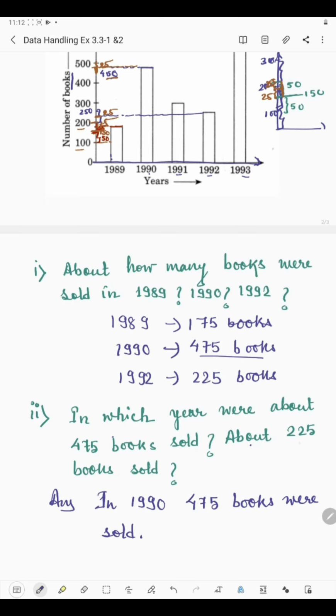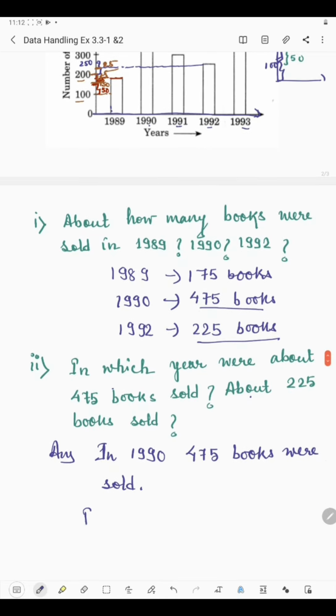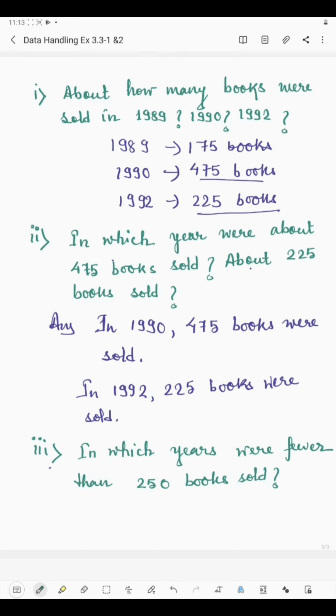In which year? 225 books were sold in 1992. So we'll write in 1992, 225 books were sold.